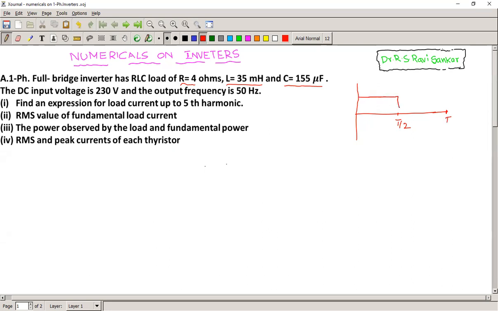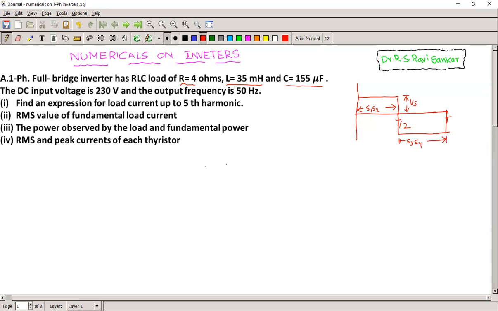Up to T by 2, the output voltage is positive, that is equal to Vs. T by 2 to T, the output voltage is negative, minus Vs. In this interval, S1, S2 is conducting. Here, S3, S4 is conducting because we have taken the full bridge inverter.